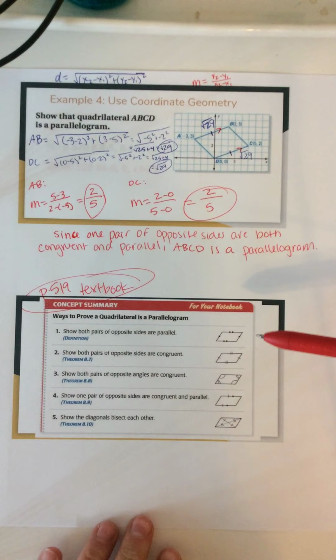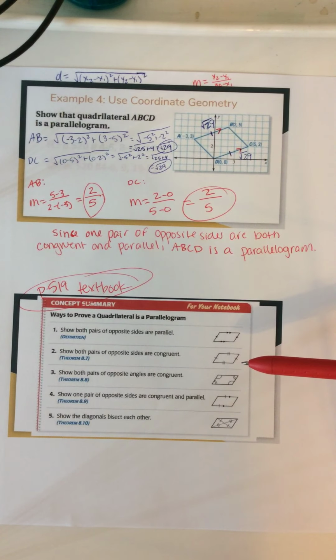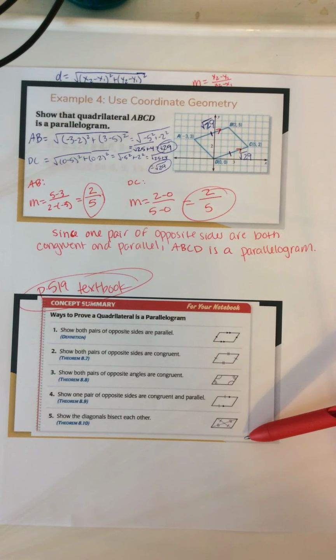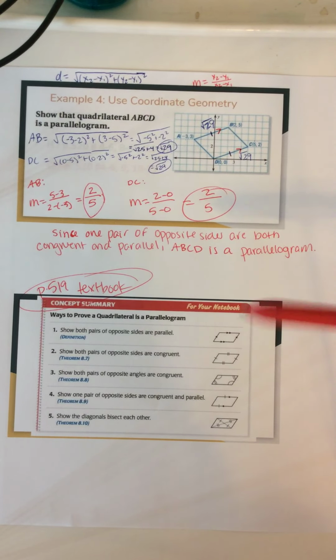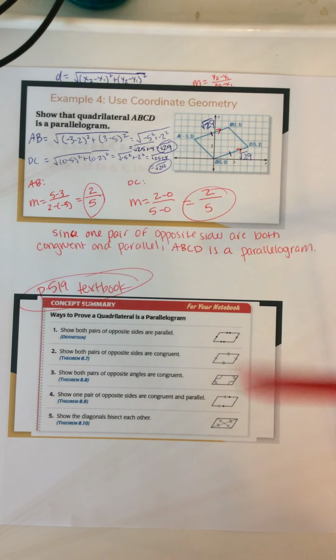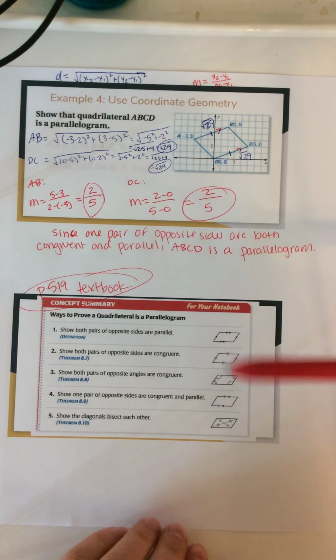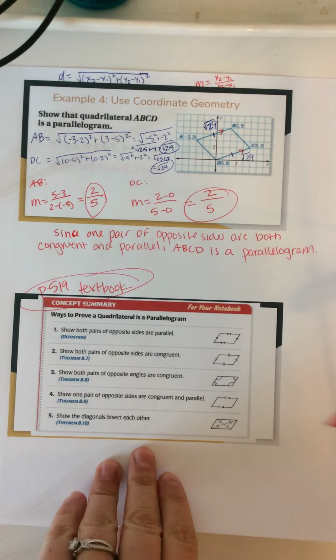So if you haven't been taking very detailed notes the past few weeks, since we started chapter 8, I would highly recommend pausing the video, going to your textbook, and writing this down so you have it somewhere easy to see, because we are going to have quizzes in the future, and since it's all online, it is open note, so it'll be nice to have all these theorems in one place. So again, make sure you take note of this chart right here, because it makes everything nice and easy to read, gives you a picture, and helps you out in the future.